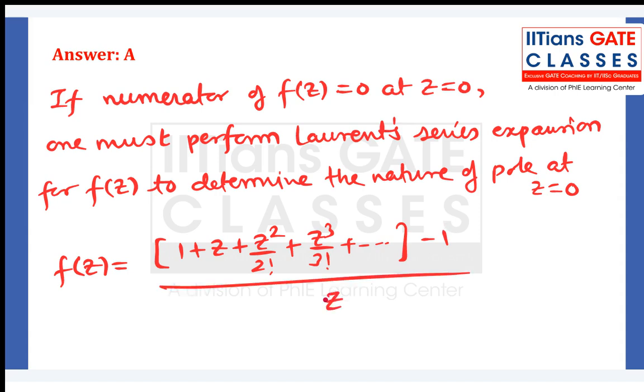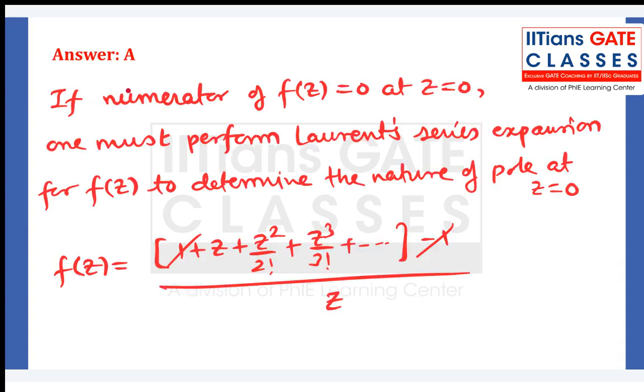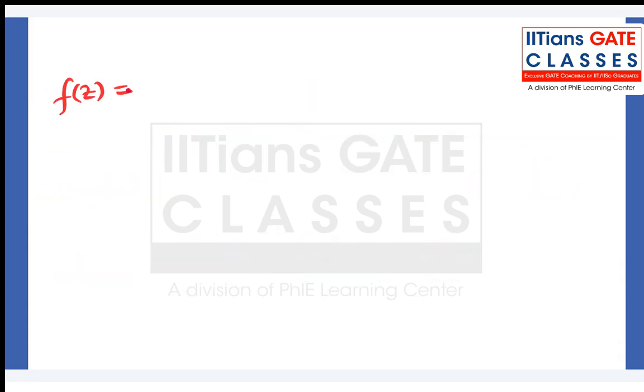So this 1 gets cancelled, and if you divide the whole thing by z, then the first term will become 1, plus z by 2 factorial plus z square by 3 factorial, so on and so forth, right? So this is what your f of z becomes, the Laurent series expansion.